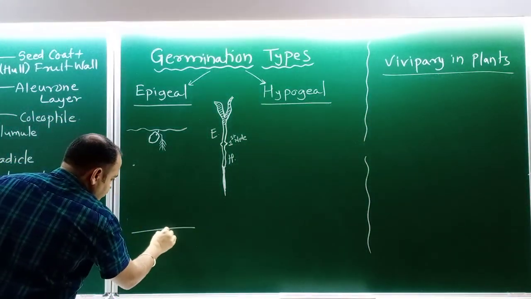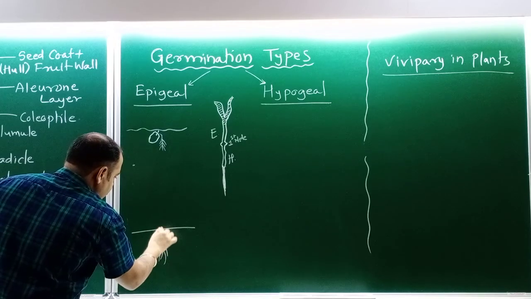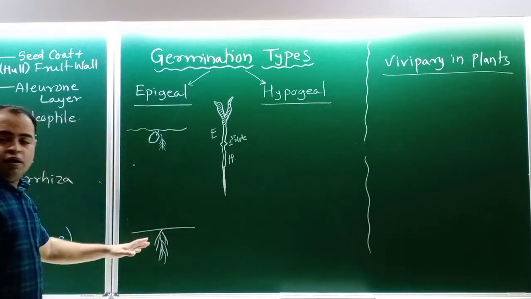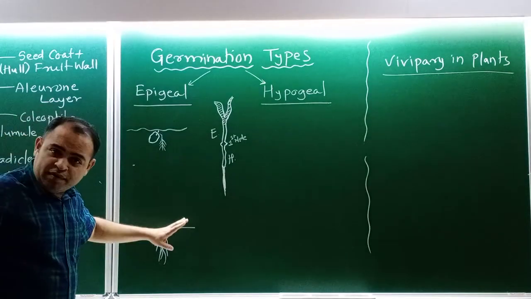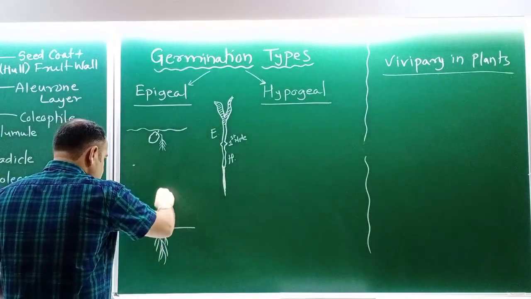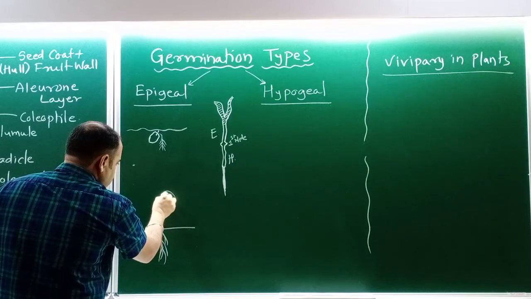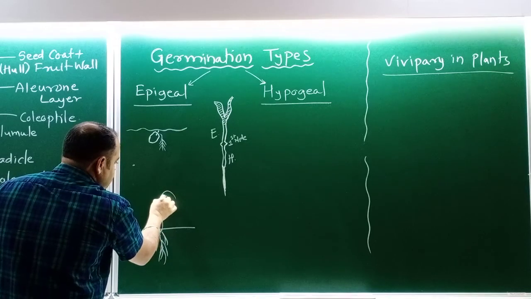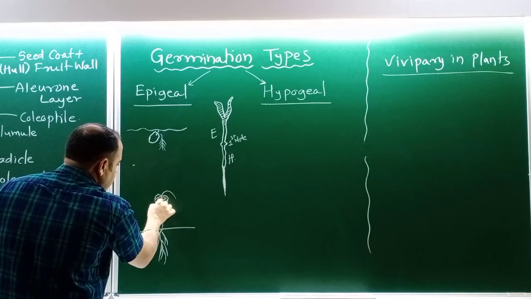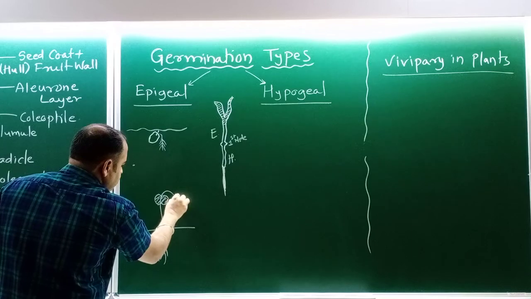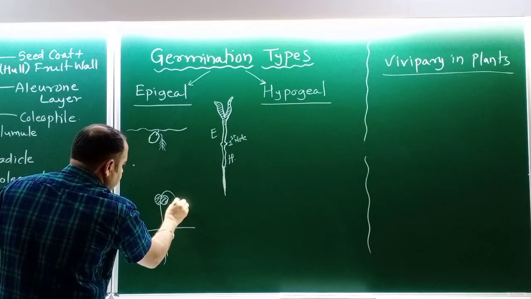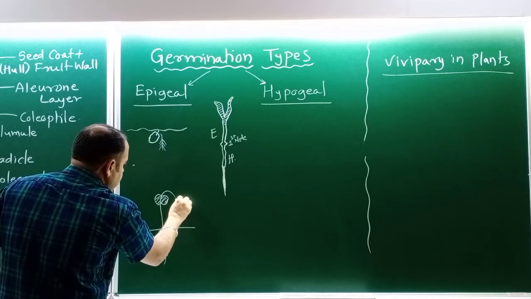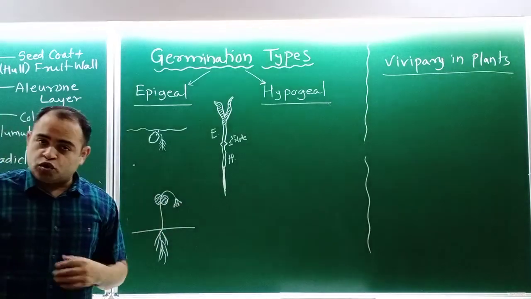This is soil, this is root system which is well established. So this is a typical plant which is growing, and shoot is also growing.